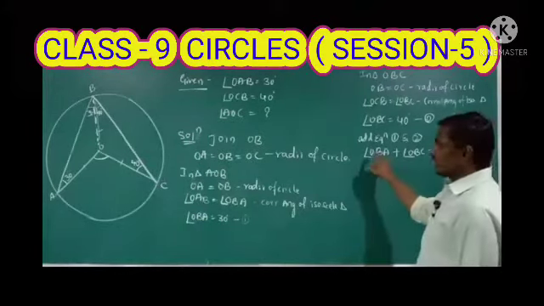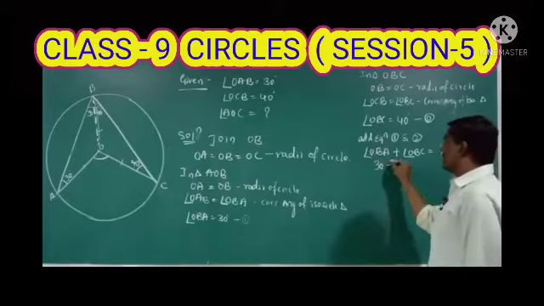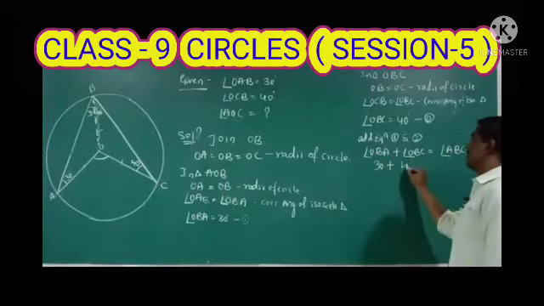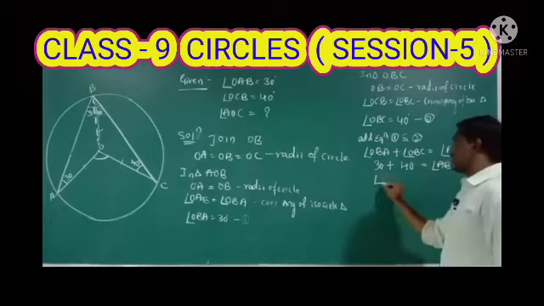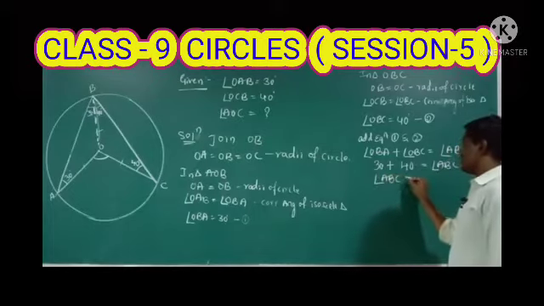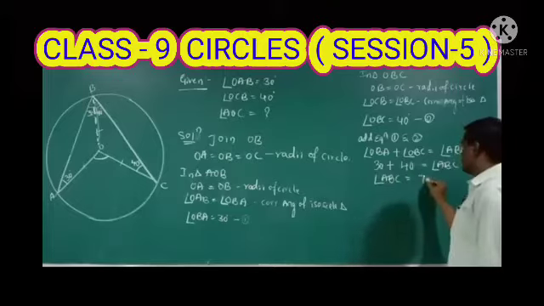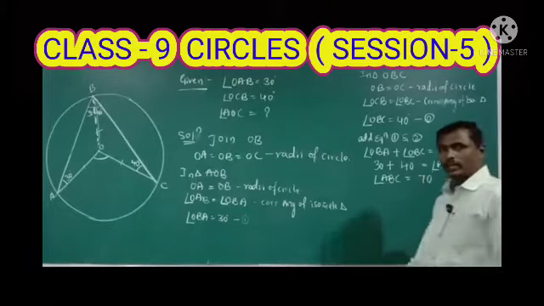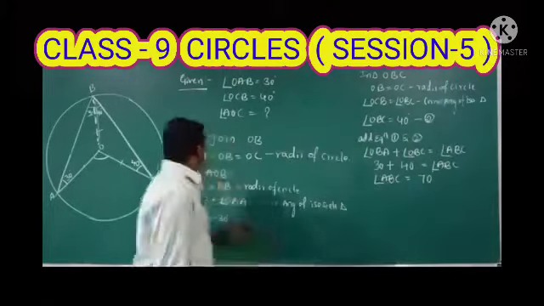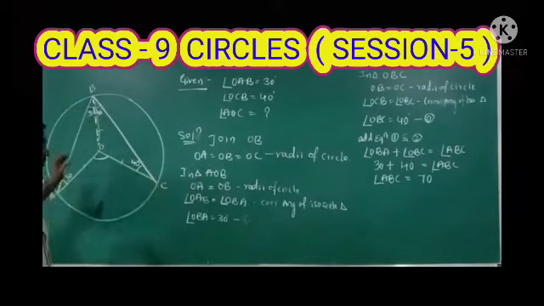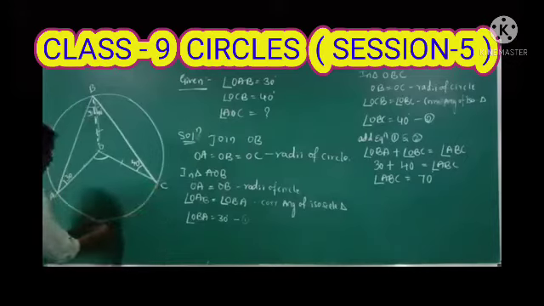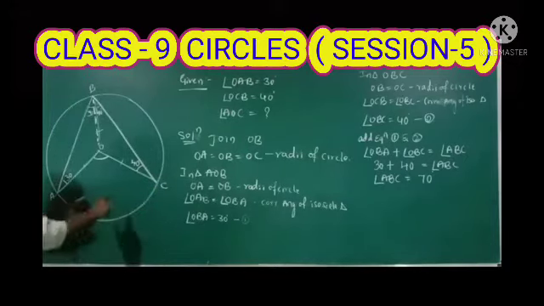In that, angle OBA is 30 degree and angle OBC is 40 degree. Therefore, angle ABC is equal to 70 degree, right? If angle ABC is 70 degree, this angle is formed by the arc or segment.